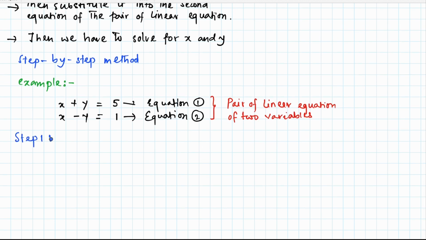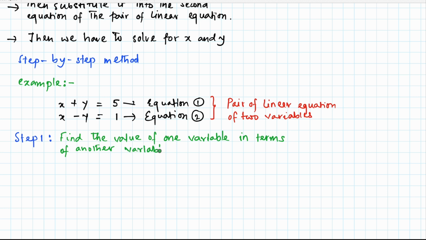Now step 1, what we need to do: find the value of one variable in terms of another variable from equation 1. So let us consider equation 1 and we are trying to find the value of one variable with respect to another.